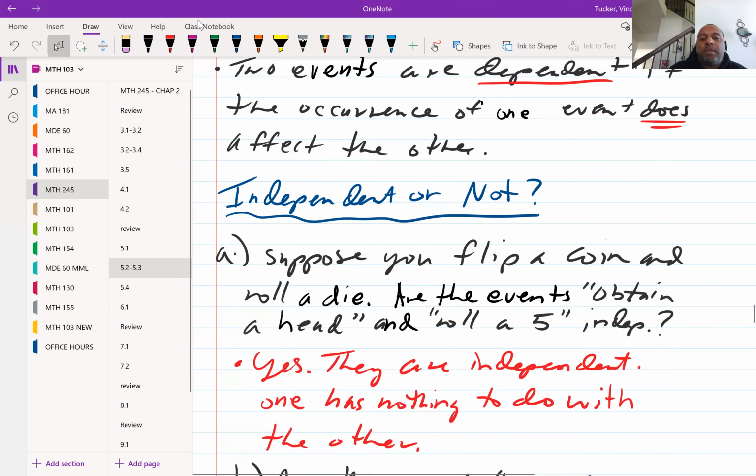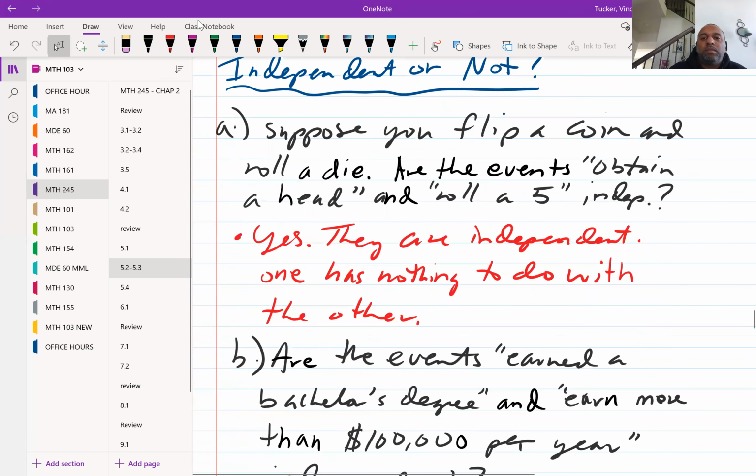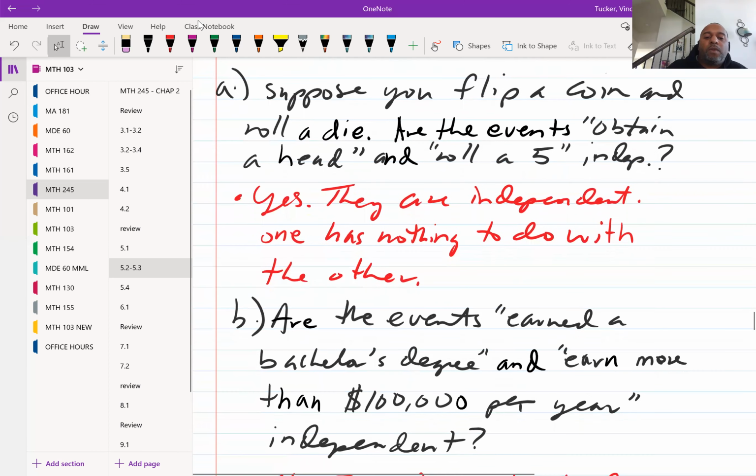All right. Any problem with that? Next one, are the events earned a bachelor's degree and earned more than $100,000 per year independent? All right.